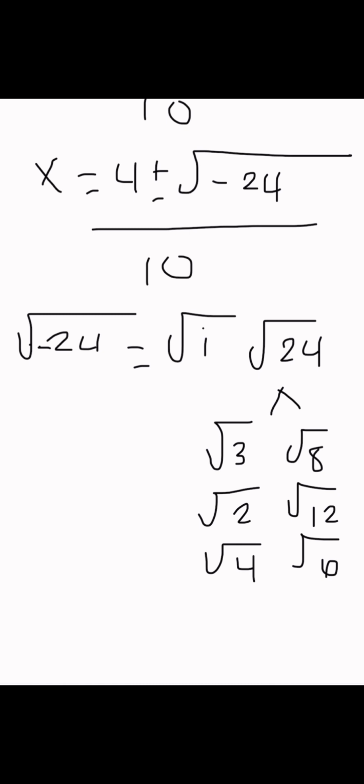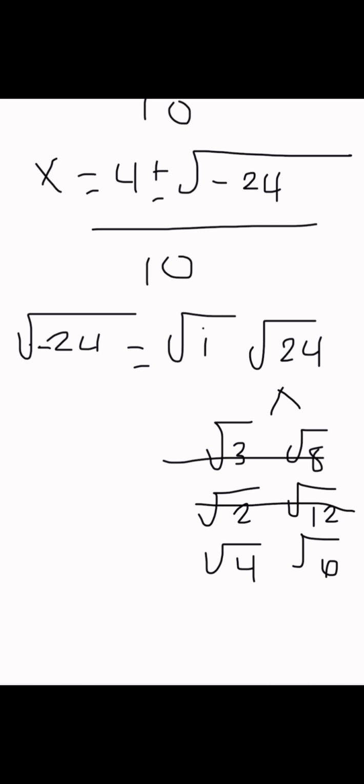Now we need to have a perfect square in our radical so we can solve this. So radical 3 and radical 8, none of them are perfect squares, so that cancels out. Radical 2 and then radical 12, none of them are perfect squares, so that cancels out.